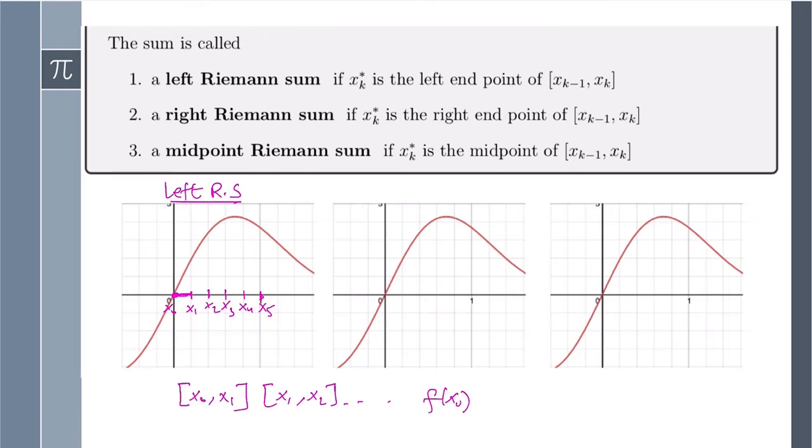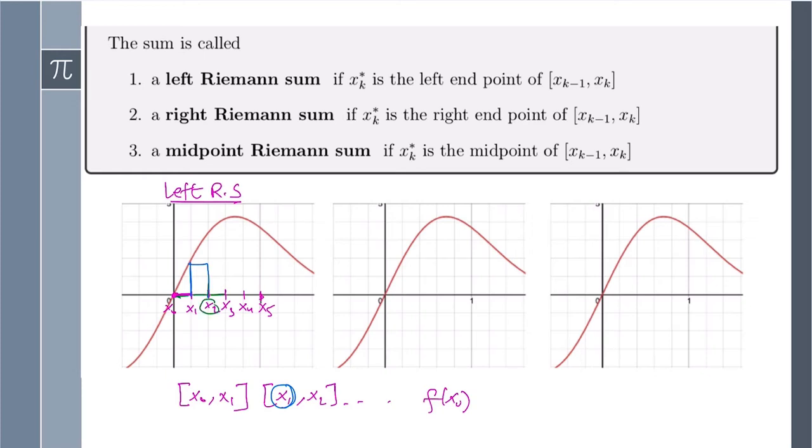Now for the second rectangle, the height is determined by x sub 1, or this height. This is how I'm going to construct the second rectangle. The height of the third rectangle is determined by x sub 2. So this is the first subinterval, second, and for the third one, it's determined by x sub 2.